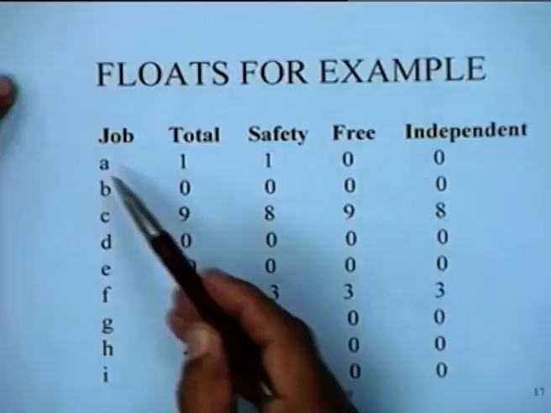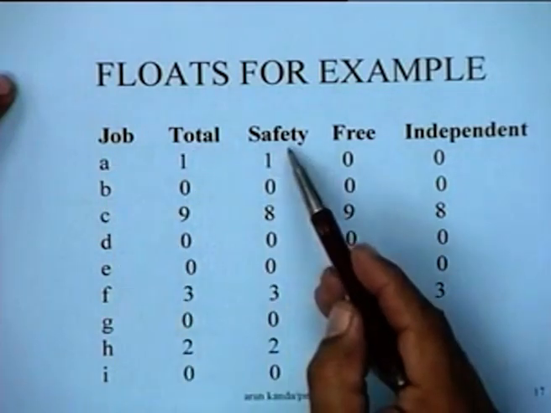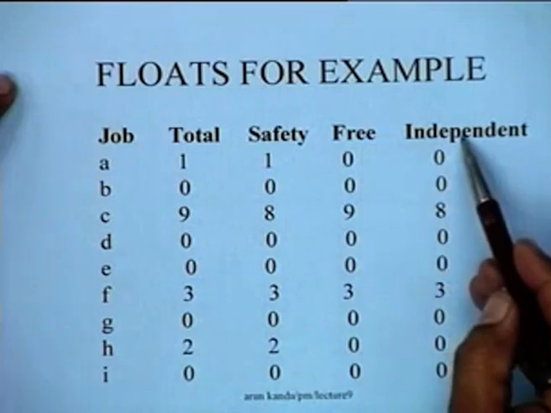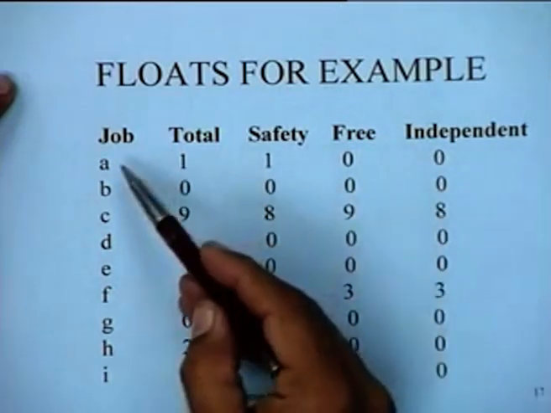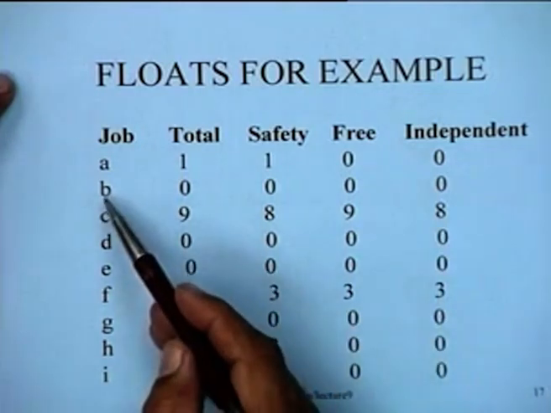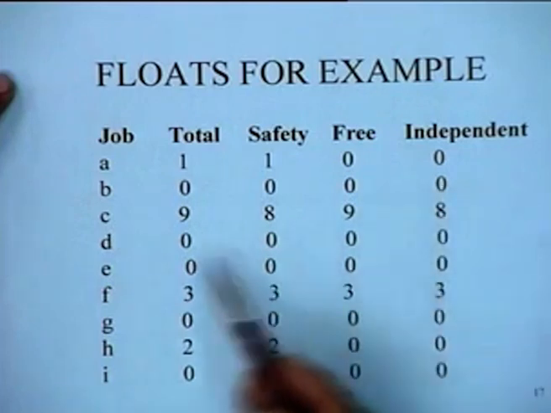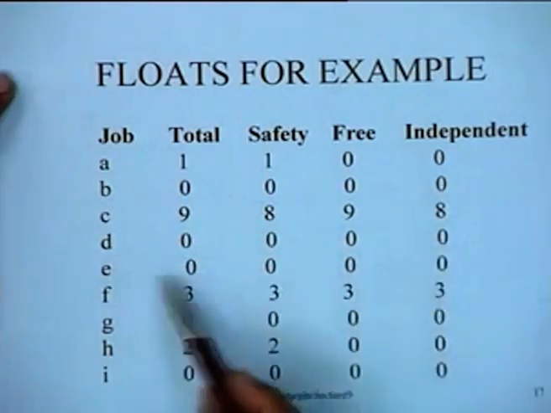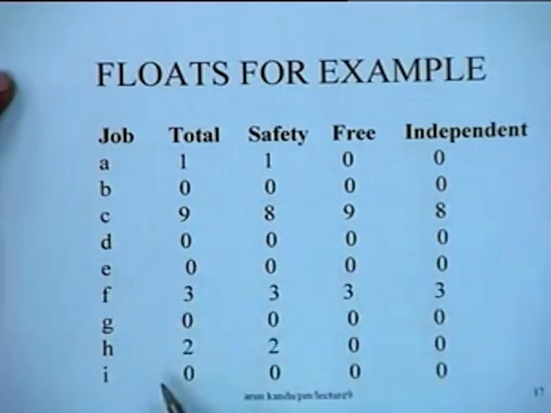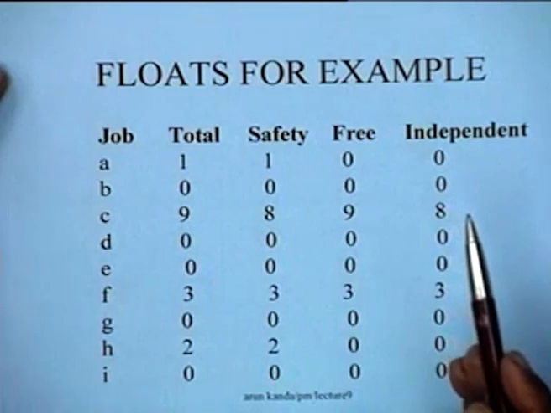This computation for all the floats, the total float, the safety float, the free float and the independent float for the entire example is shown here. Notice that for activities which were critical, that is B, D, E, G and I, all the four kinds of floats are 0. For them we don't have to actually compute all the floats, they would be 0.